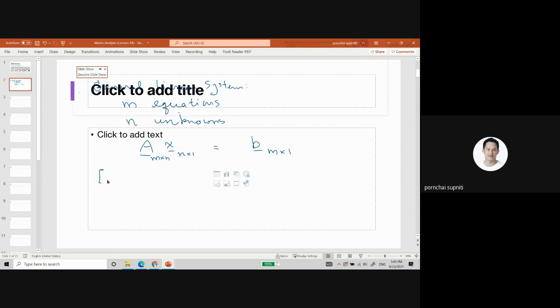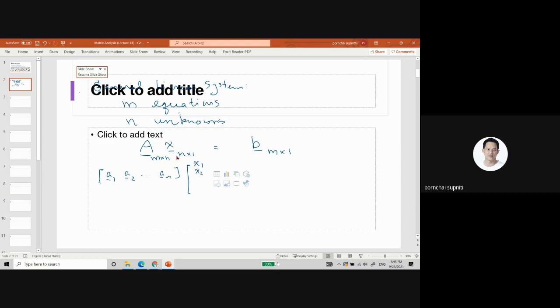In this type of equation, because there are n columns, we can write it out as n column vectors multiplied with n unknowns.